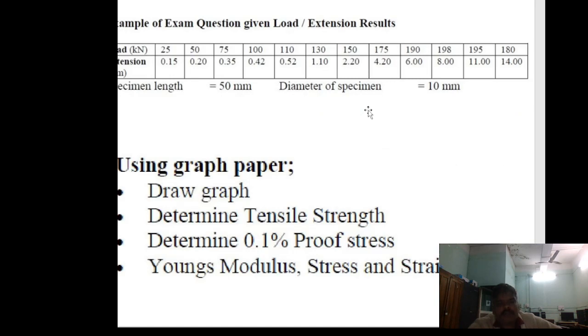Example of an exam question given by load versus extension result. On 25 kilonewton load, extension is 0.15. On 50 kilonewton load, extension is 0.20. On 180, 14. This is the specimen length and diameter. Draw the graph, determine tensile strength, determine 0.1% proof stress, Young modulus, stress and strain curve.